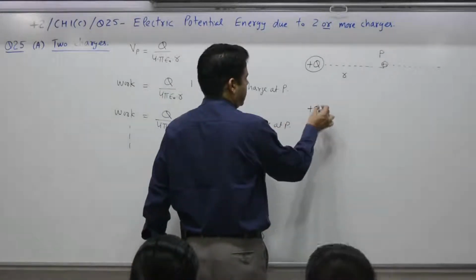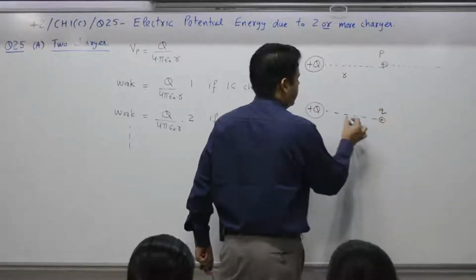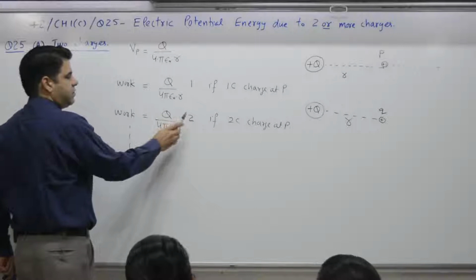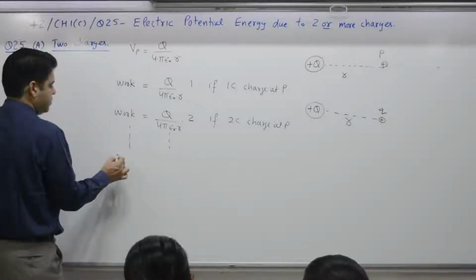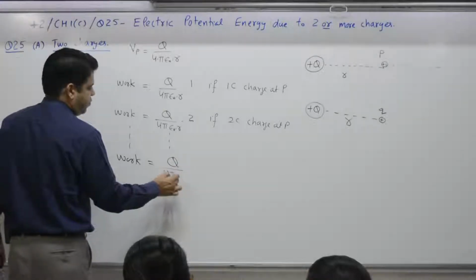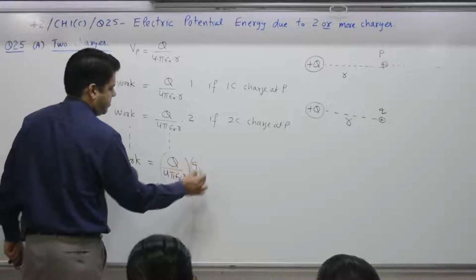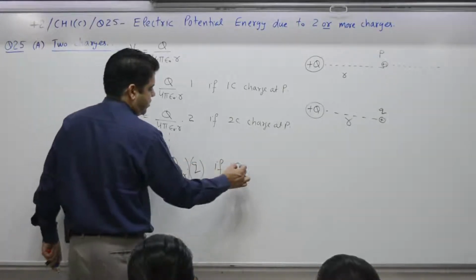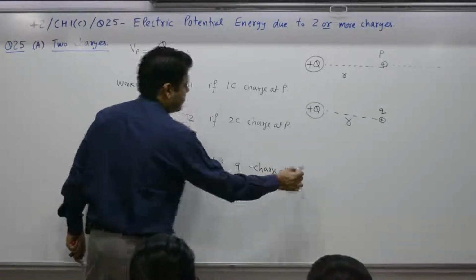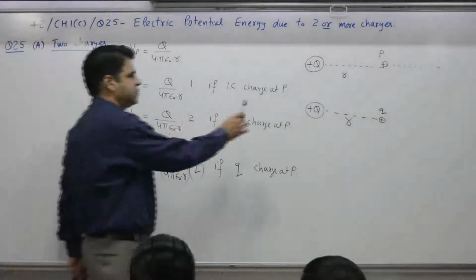what is the work done if the charge is a small q? For 1 coulomb it is 1 time, 2 coulomb 2 times. If it is q, then the work done is equal to Q by 4 pi epsilon naught r into q, if q coulomb charge is at P. This much work this system can deliver for you.